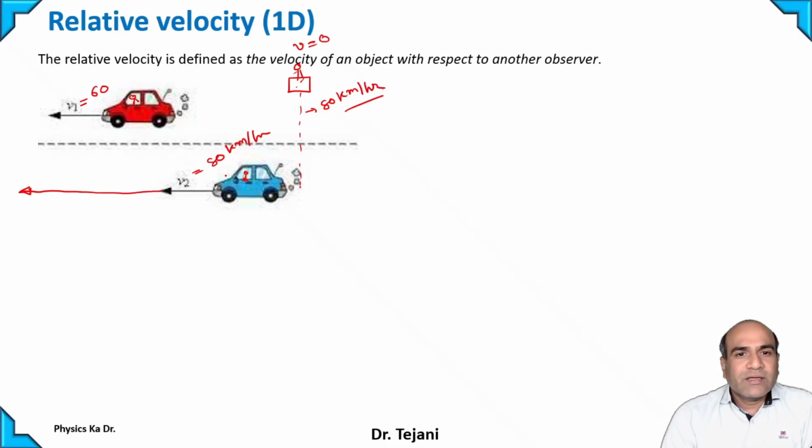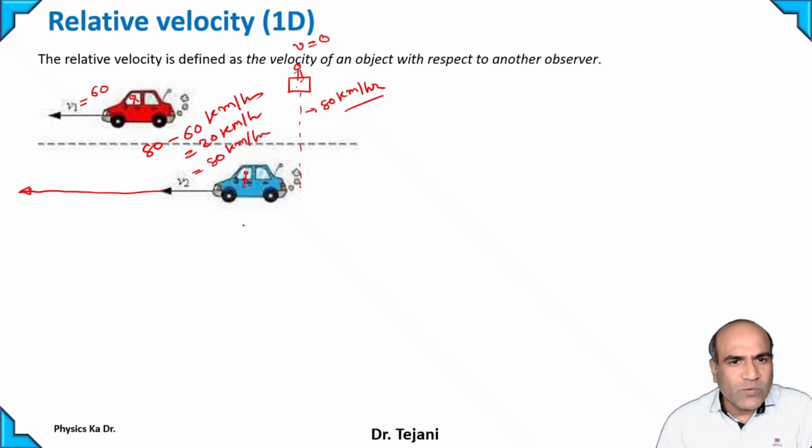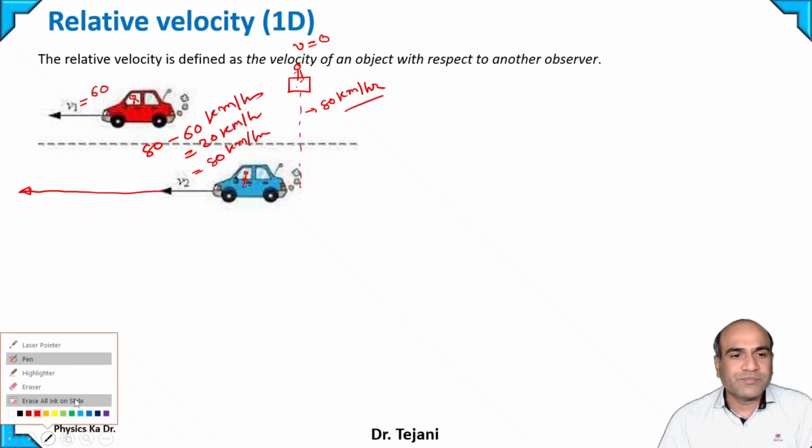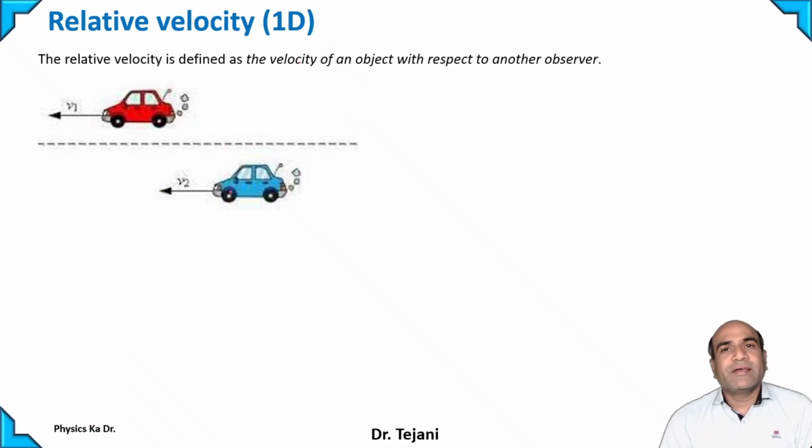But a person who is inside this car and who is overtaking this red car observes 80 minus 60 kilometer per hour. That means 20 kilometer per hour. That is the relative velocity. When we observe our speed in this manner, that is a relative velocity.